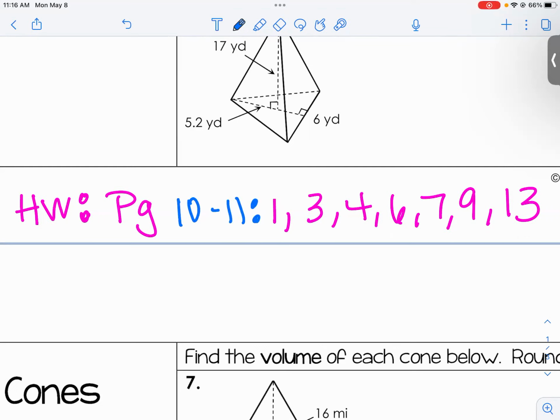On pages 10 and 11, please circle these numbers: 1, 3, 4, 6, 7, 9, and 13. You will have to be very careful and make sure you think about, do I have a triangle base or do I have a square or rectangular base? Because that will affect how you find the volume.